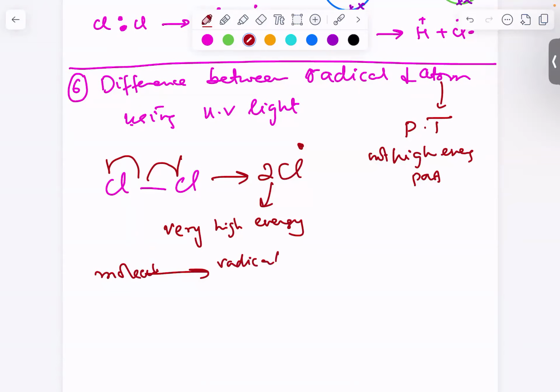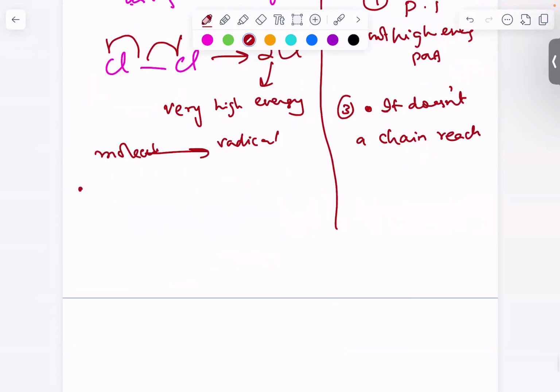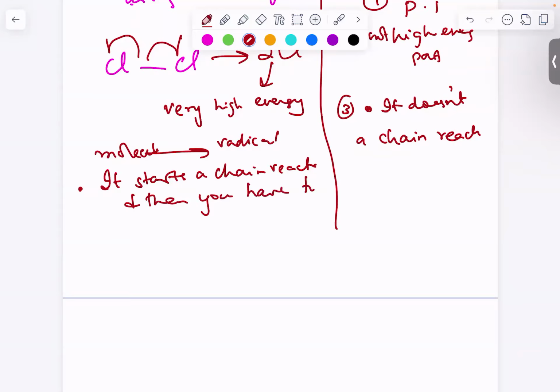And an atom does not start a chain reaction. A radical starts a chain reaction, and then you have to terminate it, otherwise it will never finish.